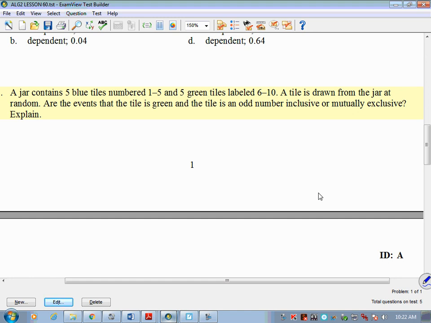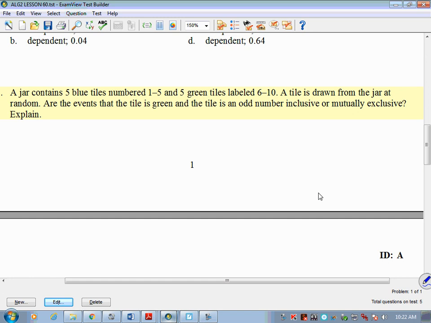Now, let's say we changed our information here. We said that the jar contains 5 blue tiles, 1, 3, 5, 7, and 9, 1 through 9 odd. And 6 green tiles, 2 through 10 even.